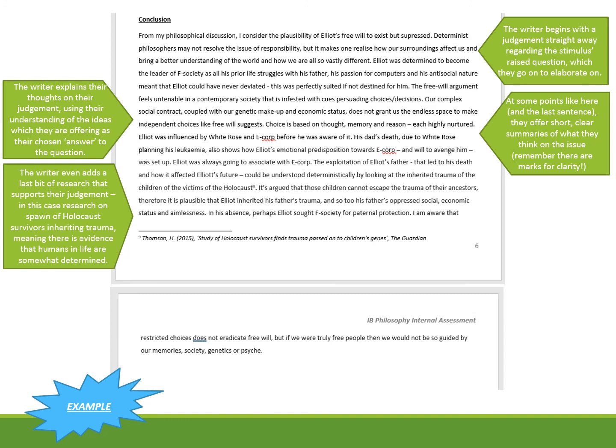So, just because you're near the end of your IA doesn't mean that you can't include further research. If anything, it's quite encouraged, because again, it's a good way of showing that your research is extensive. I hope that, having read the earlier parts of the example IA here, you've got a sense that the writer has done their research, and hopefully by adding 1,700, 1,800 words in to their IA, they're adding even more research that they've done.